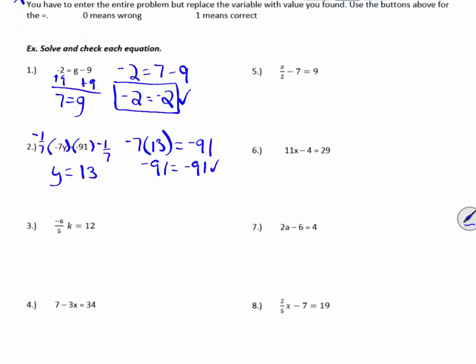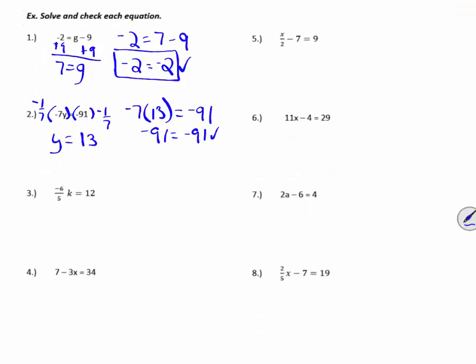For number 3, so here's one where multiplying by the reciprocal really does make a difference. So I have -6 over 5, so the reciprocal of that is -5 over 6. I put it over here just because it's easier to write. And so we have to multiply both sides by -5 over 6. So these cancel, that's the point.